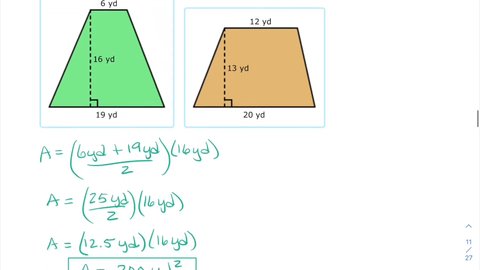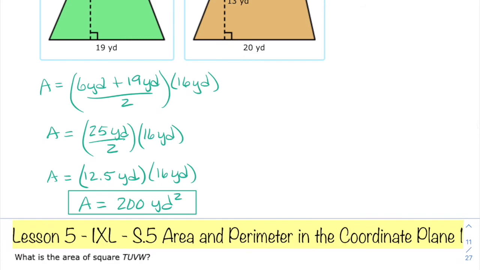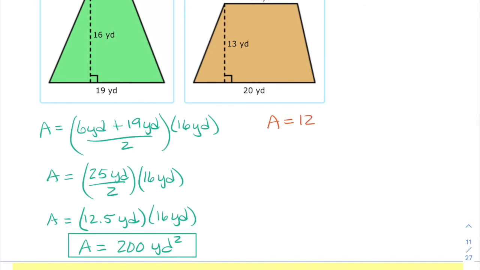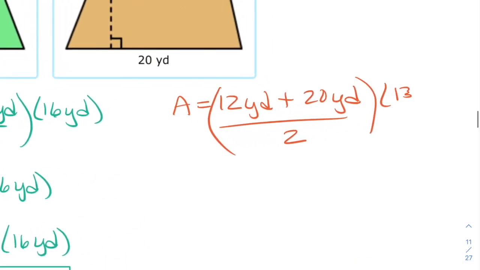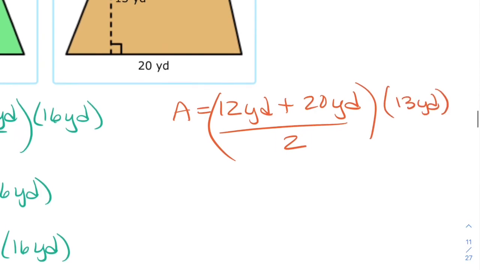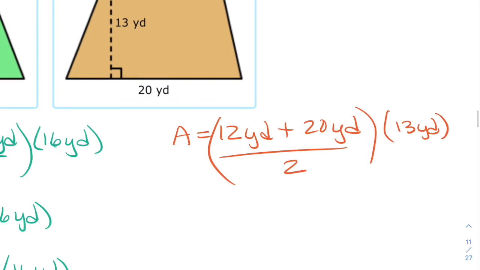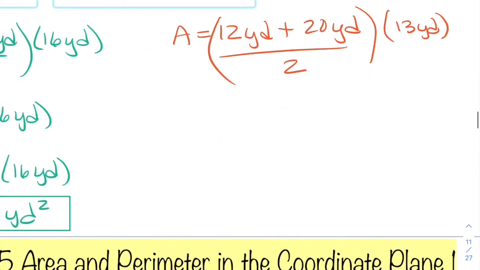Now we have the one in brownish. I'll do this one in orange. So we have area equals 12 yards plus 20 yards over 2 times 13 yards. 12 and 20 is 32.